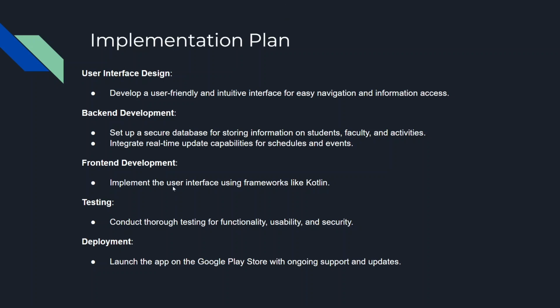Fourth, for front-end development, we are going to implement the user interface using a framework like Kotlin, and we are going to perform testing on our application. We are going to conduct thorough testing of functionality, usability and security. And last but not least, we are going to deploy this application on the Play Store with ongoing support. So these are the things in the implementation plan that we are going to use in our application.